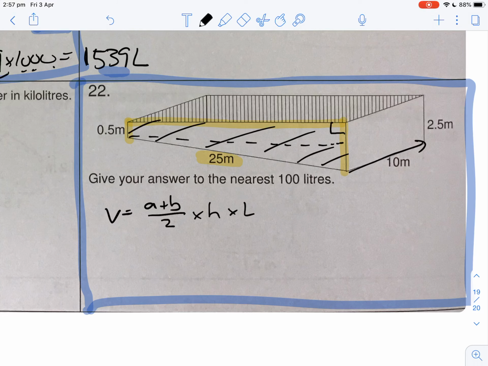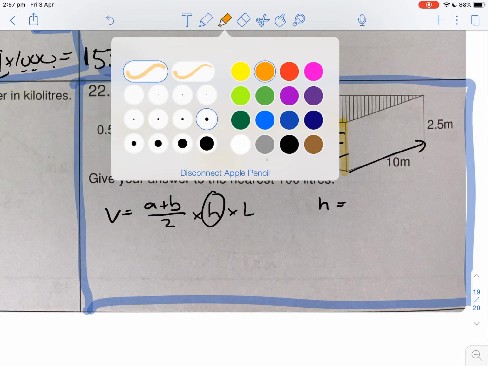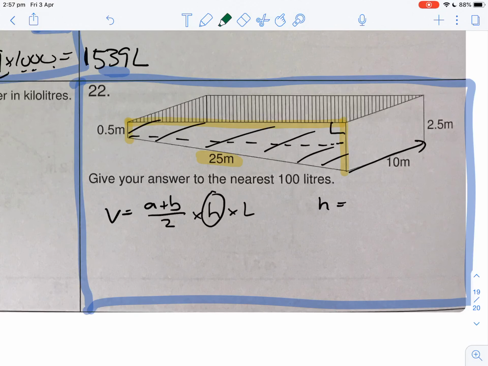But first, what I'm missing is that height. So to get the height, I'll just change colours here again and show you. I'm going to use this triangle here and use Pythagoras. It's one of the short sides that I'm finding, so I'm going to be getting the square root of the long side squared, so the 25 squared, take away the short side squared, which means I need this measurement here.